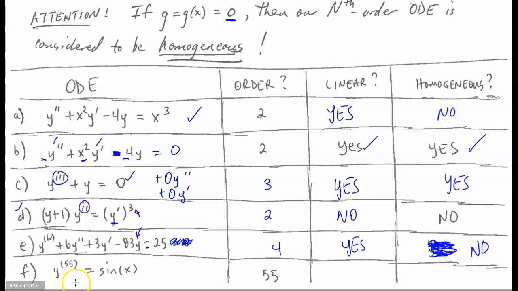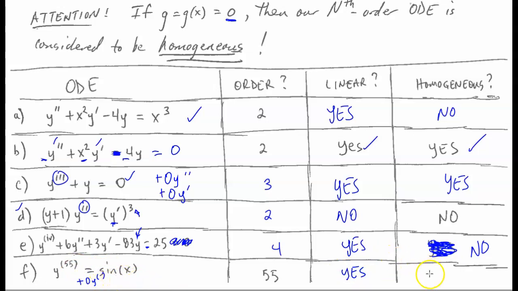All right, so for this last one here, this is y raised to the 55th derivative. Again, don't know why we would ever need to do that. But here, one of the things that you are assuming is that every other term past that, up until the no derivative, will be 0 plus y raised to the whatever derivative that would be, okay? So because of that, we would still consider this to be linear, even though it's missing all those terms.